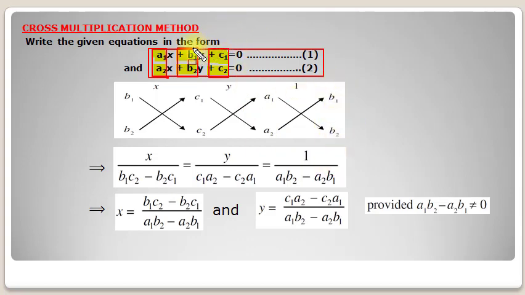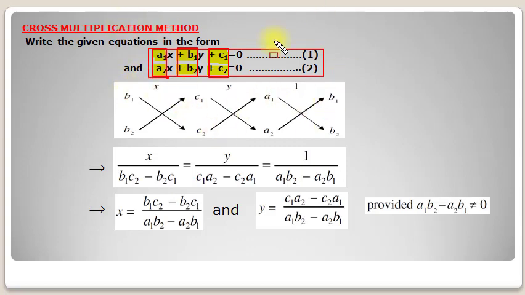So we start from the coefficients: b1, b2, c1, c2, then a1, a2 and then b1, b2. In this way we can write it down. This is how we can remember the cross multiplication method.